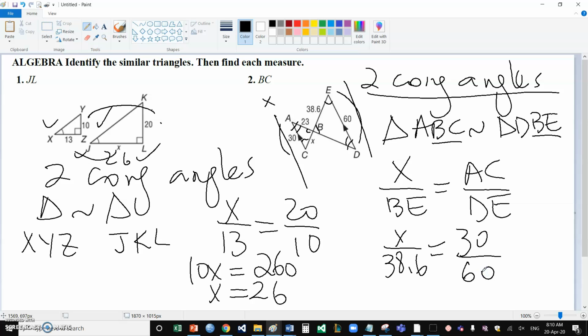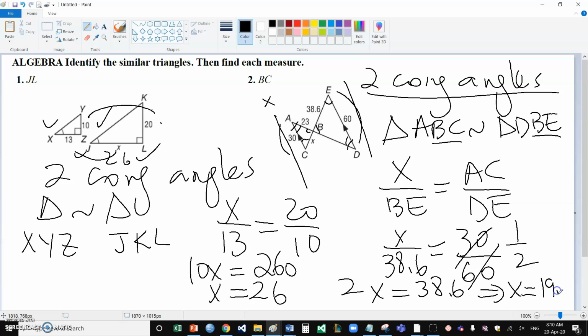This is 1 over 2. So 2x equals 38.6. That means x equals 19.43. Okay, and that's it for these two examples.